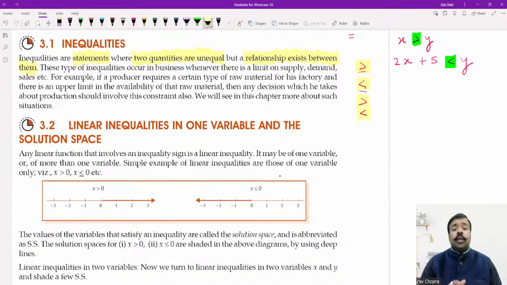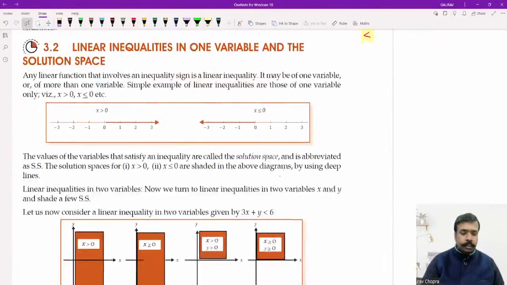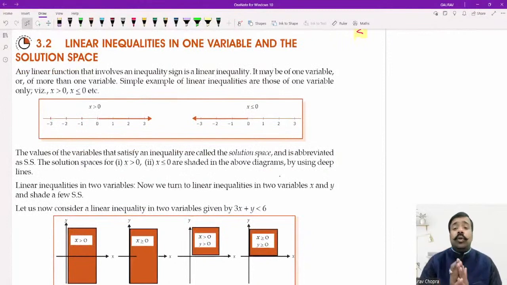Whenever we are talking about inequality, there exists a relationship between them, whether it is one variable or two variables. So first of all, let us discuss the simplest thing, like how we can mark the given values on the graph, how to plot them. Any linear function which involves an inequality sign is known as a linear inequality.